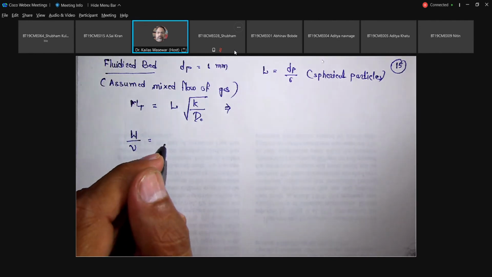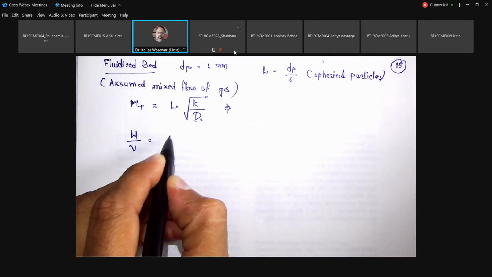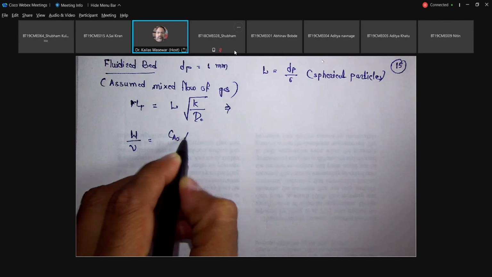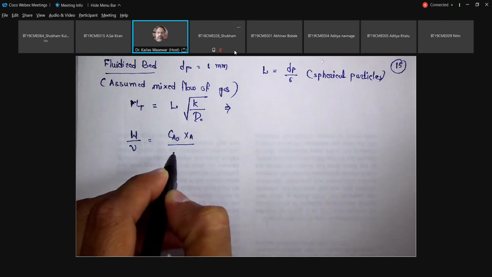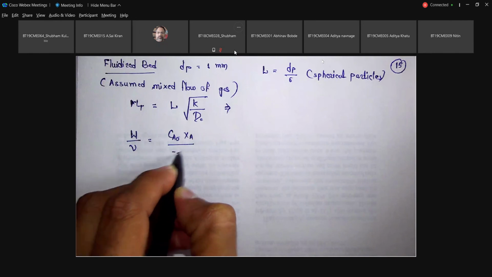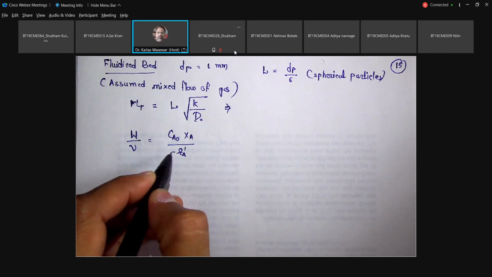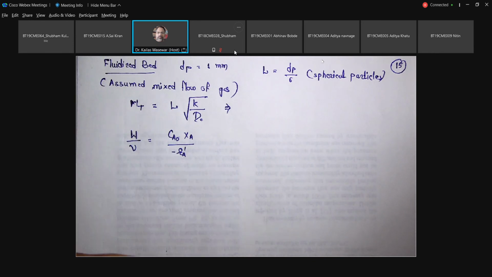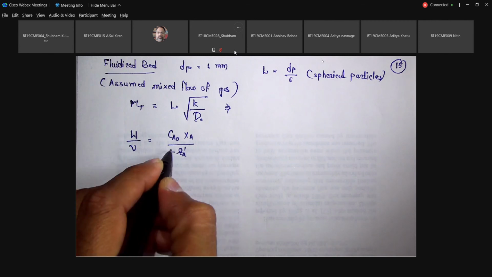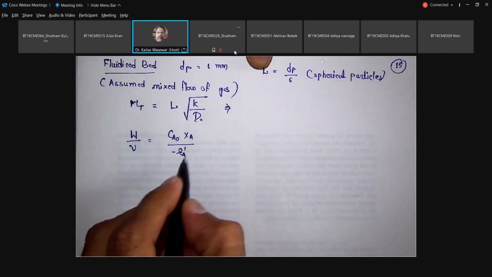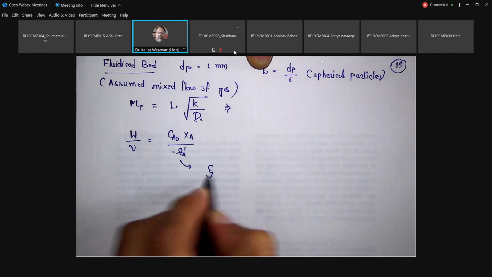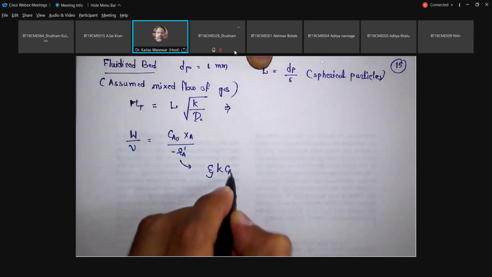Assume that it is a mixed flow reactor. So W over Ca0 XA equals minus Ra. Okay. Here Ra will be epsilon A and C, remember.